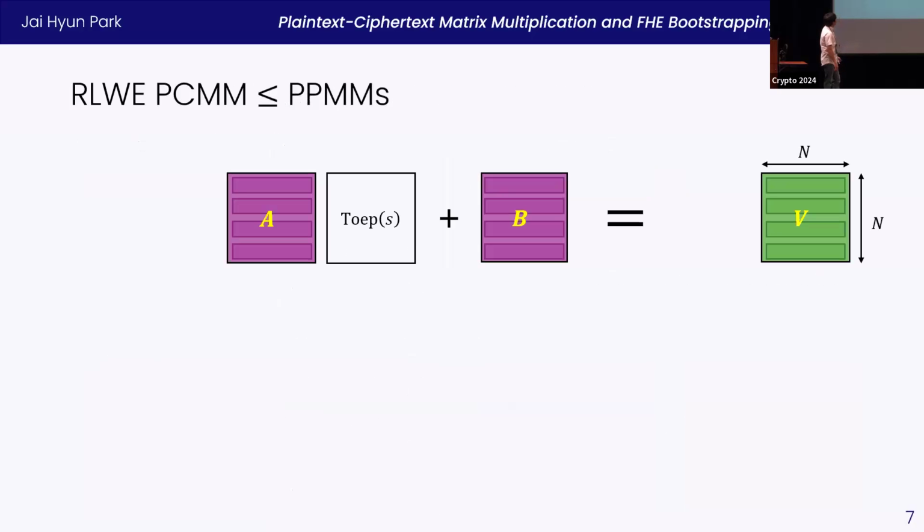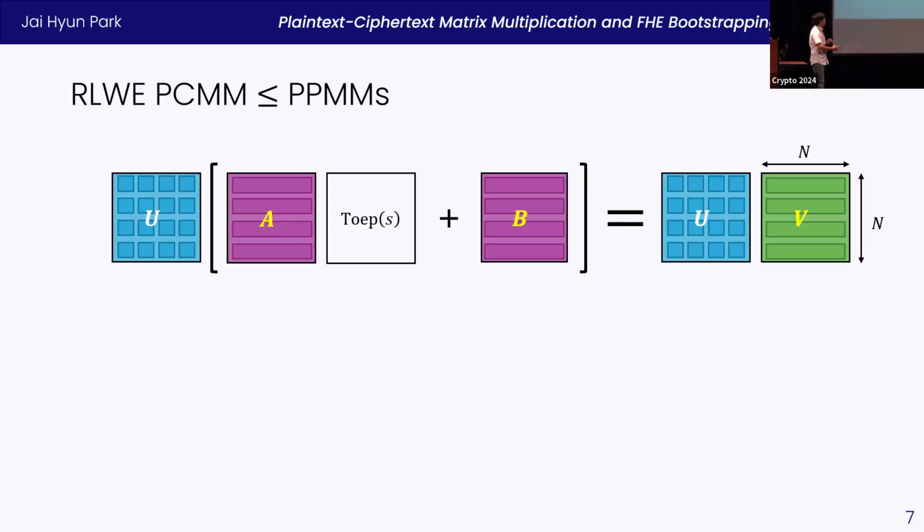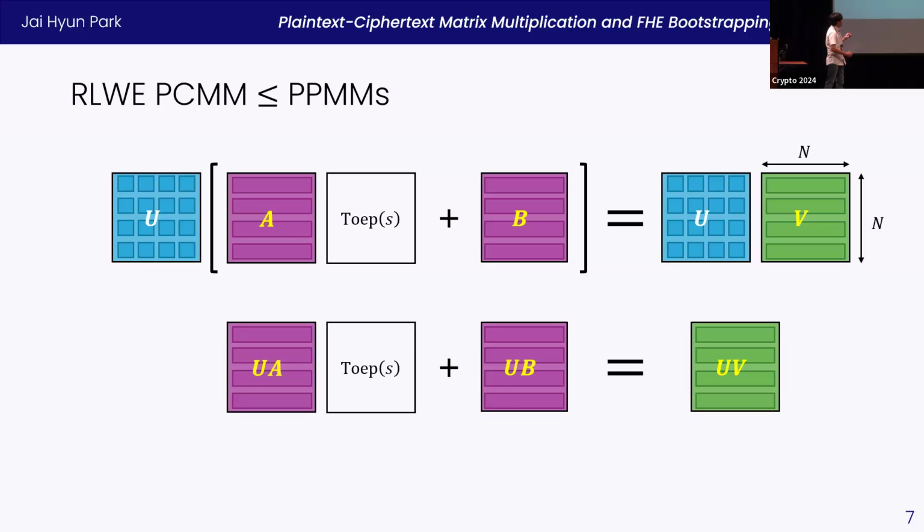And from this, suppose we have a row-wise encryption of matrix V. That means we are given a linear equation like this. Once we multiply a plaintext matrix U on both sides, it turns out to be another structured matrix like this. As I mentioned before, this is equivalent to the ring algebra ciphertext encrypting the product matrix UV.